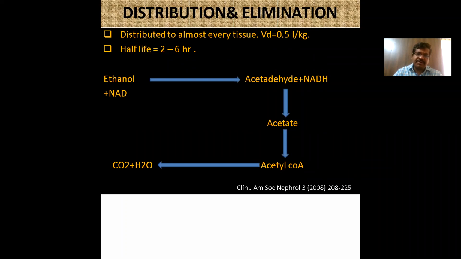Most importantly, the metabolism of ethanol goes through this pathway: it combines with an NAD molecule and forms acetaldehyde, and with NADH it forms acetate, which in turn forms acetyl CoA, and lastly the whole alcohol is broken down into carbon dioxide and water.